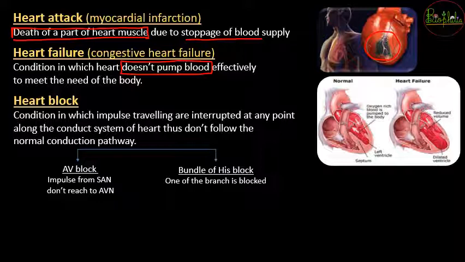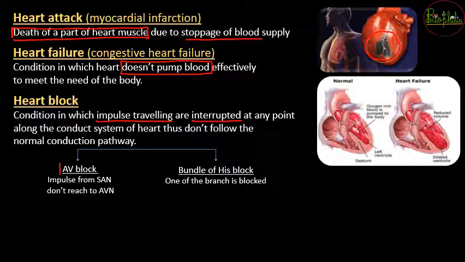Heart block is going to be a condition wherein the impulse that is traveling, जो electrical impulse action potentials जो pass होते हैं from the SA node to the AV node से to the Purkinje fibers, all that अगर वो सारा interrupt हो जाता है, if there is no normal supply of that action potentials, in that condition there can be heart block.